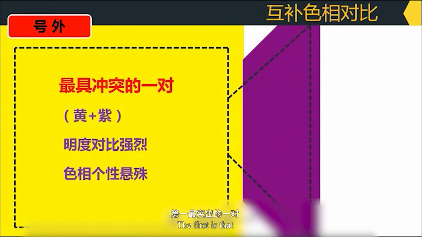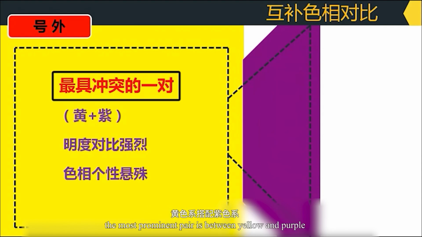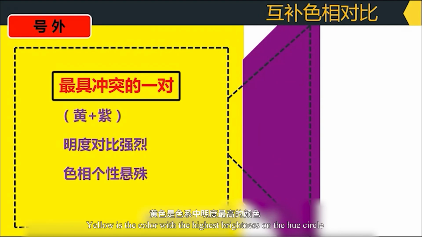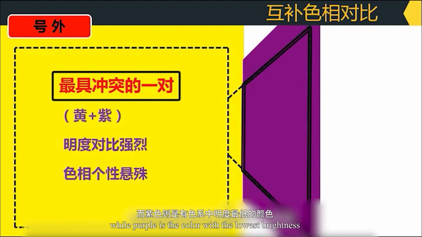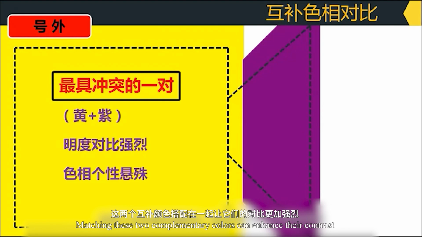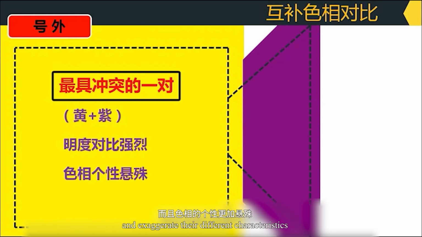The first is that the most prominent pair is between yellow and purple. Yellow is the color with the highest brightness on the hue circle, while purple is the color with the lowest brightness. Matching these two complementary colors can enhance their contrast and exaggerate their different characteristics.